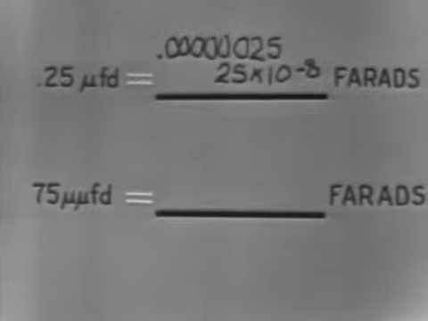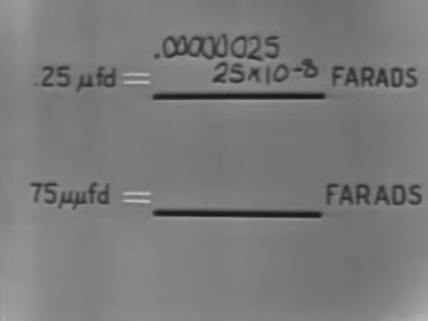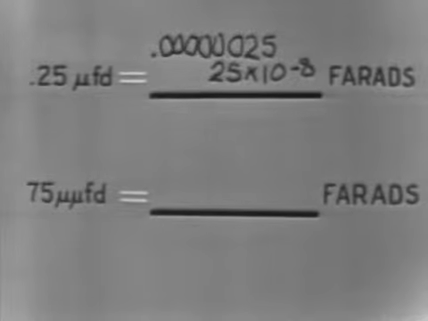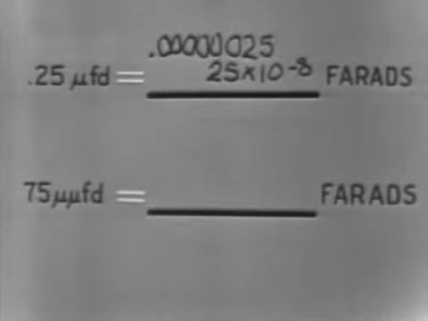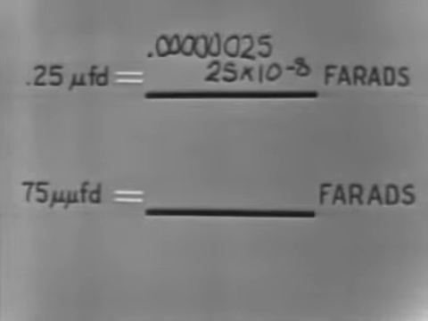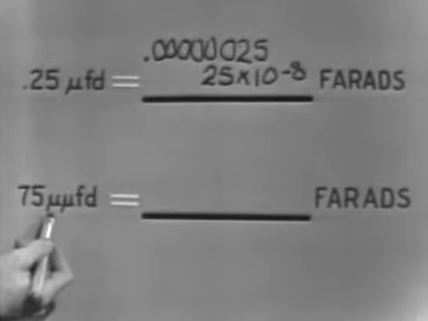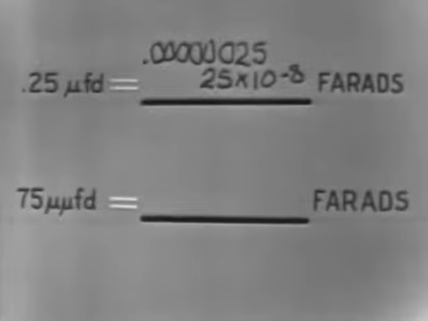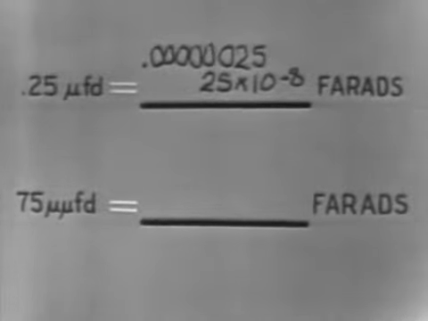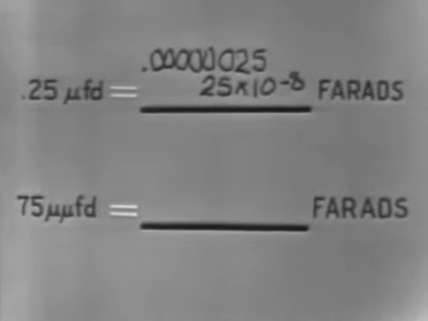All you need to do is count the number of places to the right of the decimal point and write the value as I did, using the number of places as the minus power of 10. Now, in this one, we must move the decimal point 12 places to the left because it's in micromicrofarads.